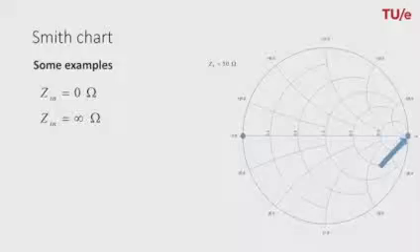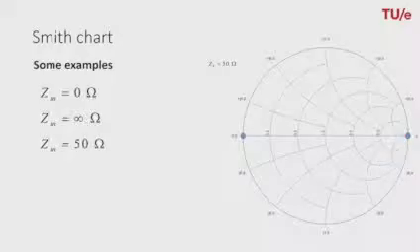So we would pop up at the right side of the Smith chart, as indicated here, along again the horizontal axis. In case of a perfectly matched circuit with an input impedance of 50 ohm equal to the reference impedance 50 ohm, we would find that the reflection coefficient is 0 and we would be at the center of the Smith chart, as indicated here.